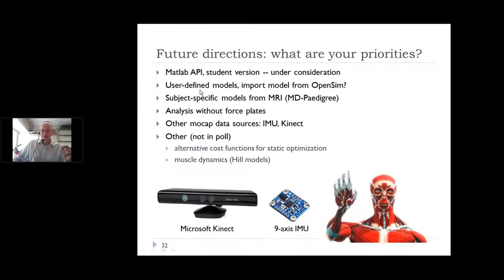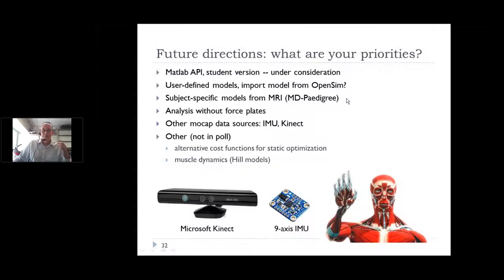One thing that I think a lot of people might wonder about is, well, can we make our own models in HBM or import a model that we've already developed in OpenSim? And right now that's not possible, but if that is a high priority, that could be done with some effort in the development.